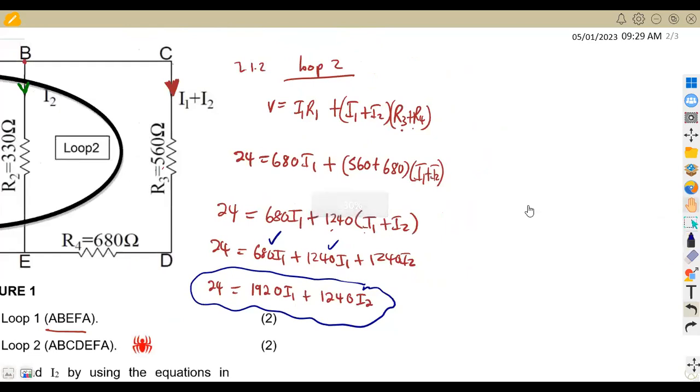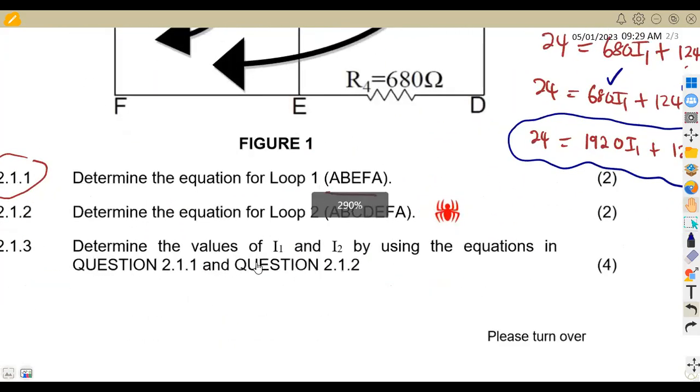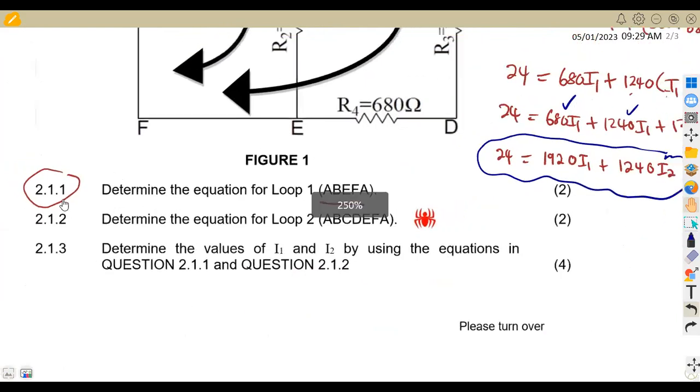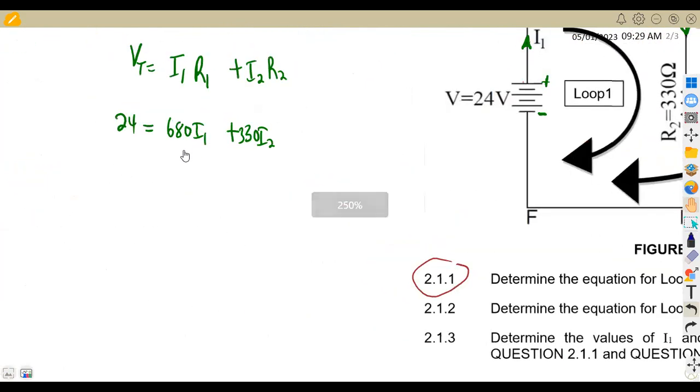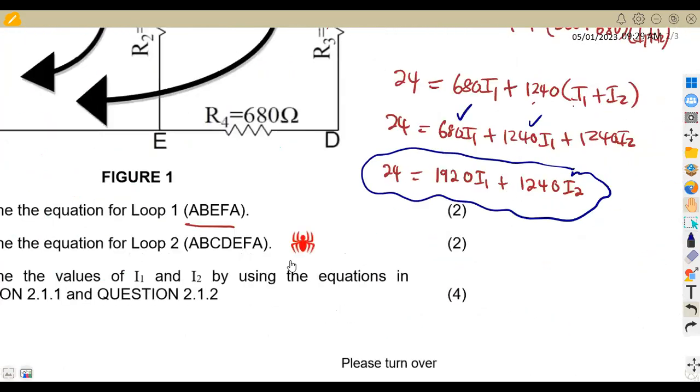All right, so these are the typical questions that you'll be given. On the other part, now you're given to determine the values of I1 and I2 by using equations in question 2.11 and 2.12, which means we're going to apply the equations that you obtained. The first equation, you write your equation, this one. Then the second equation, this one. So I'm just going to write these equations down.